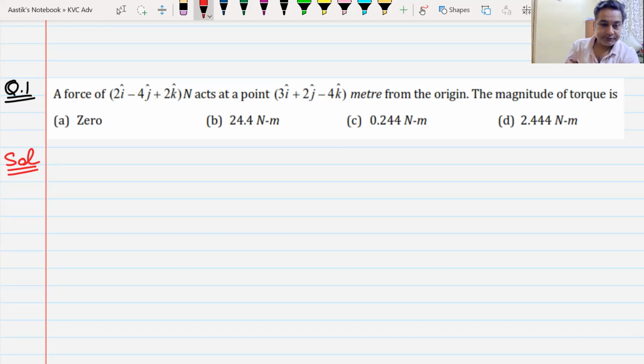Shall I do it? No, sir. Just tell me what is the torque that you are getting. You can find the magnitude later on. What is the value of tau that you are getting? No one is getting anything.